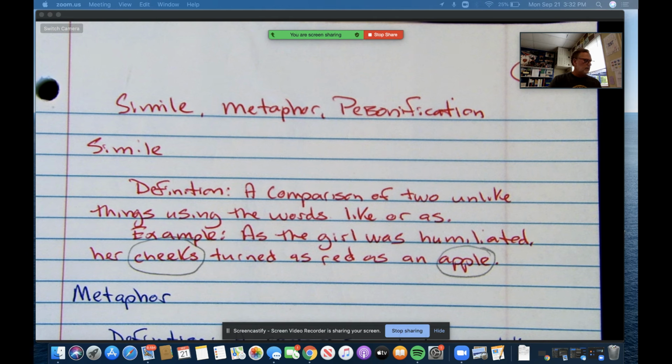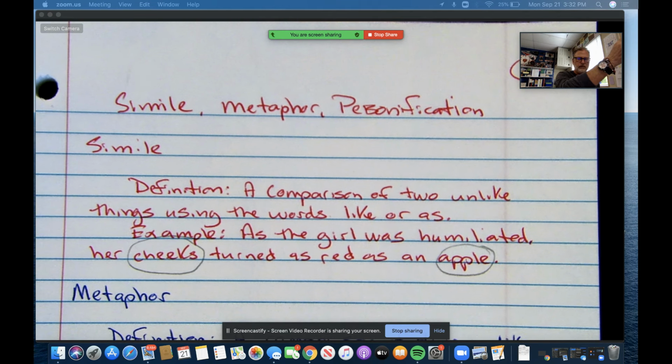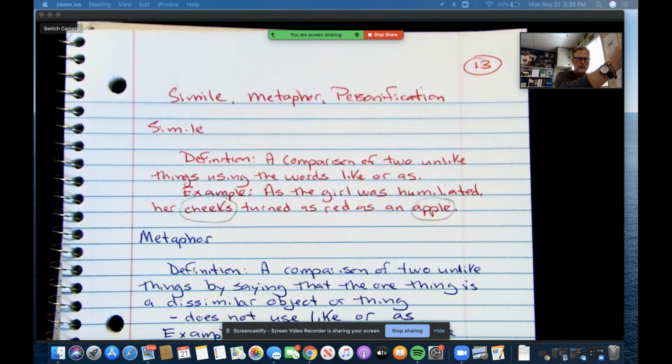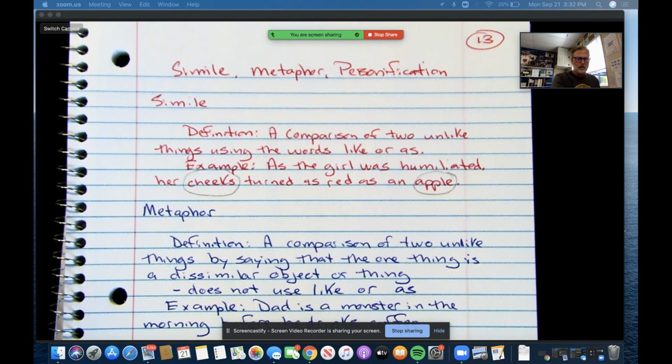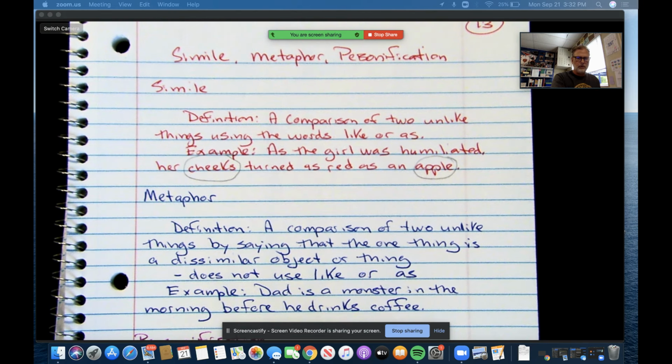And then I'll try to get both of these into the picture so that they're not too small. And I'll move this up so you can get metaphor. Now remember, metaphor is very much like the simile, but it's not using the words like or as.